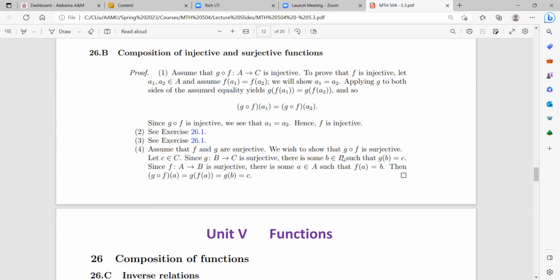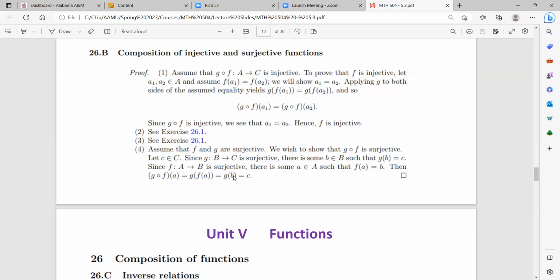So because B is in set B, then you can find an element A in A such that F of A equals B, because F is surjective. So at the end, you see, you can write C is just G of B, which is G of F of A, or G compose F of A by definition of composition.